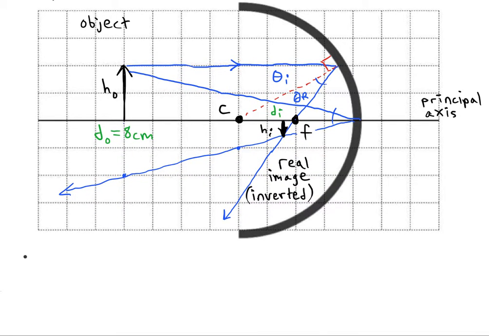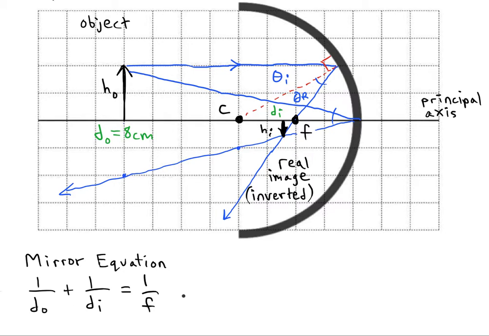We want to use for this the mirror equation, which is the same as the thin lens equation, but with one addition. All that part is the same. That's just the thin lens equation, right? But we can also put in this other side of it, 2 over R. R stands for the radius of curvature of the spherical mirror.